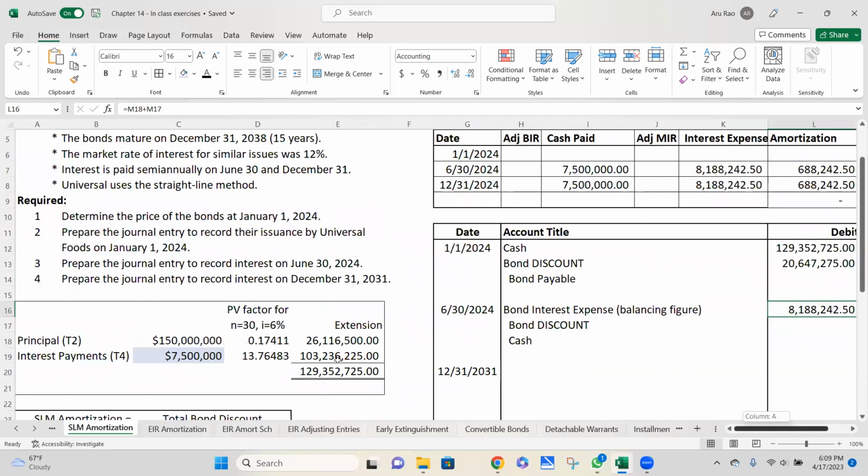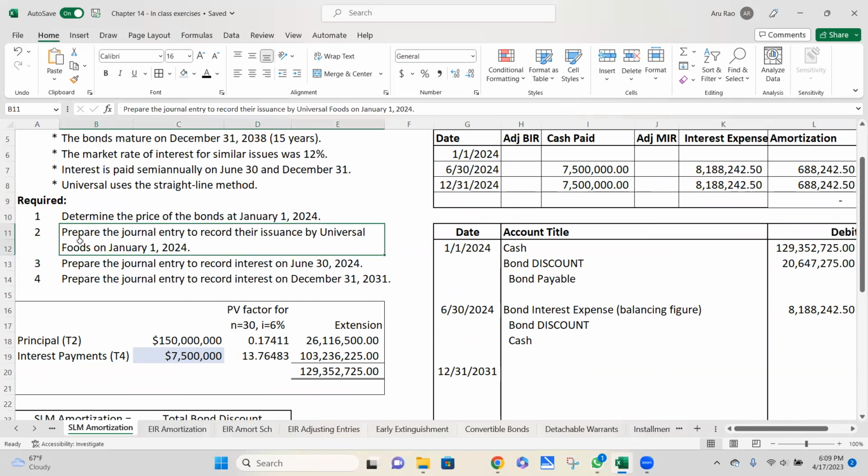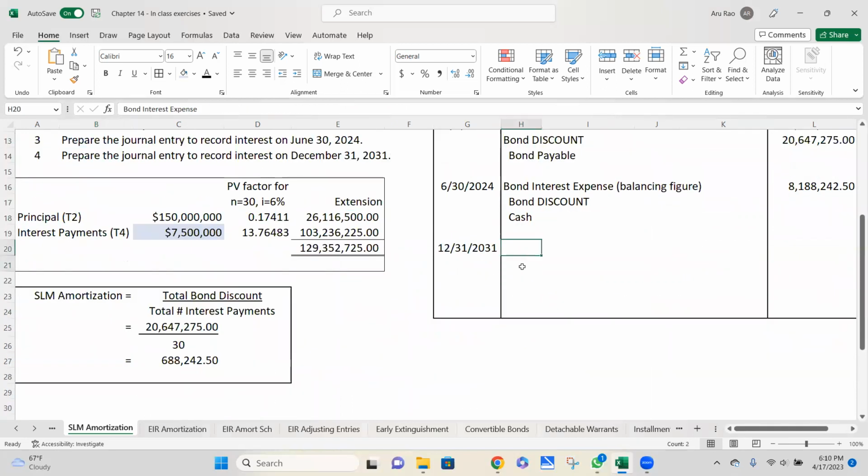Now, in our exercise, they asked us to first calculate the bond issue price. We did that. The journal entry at the time of issue. And they asked us to do the journal entry to record interest on June 30th, 2024. We did that. And then they just threw out another date out there, December 31st, 2031. It doesn't matter when they ask us for it.